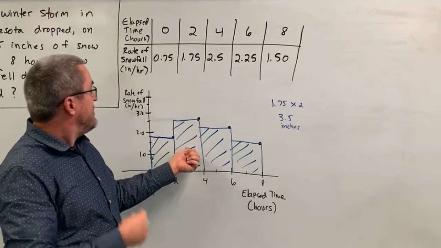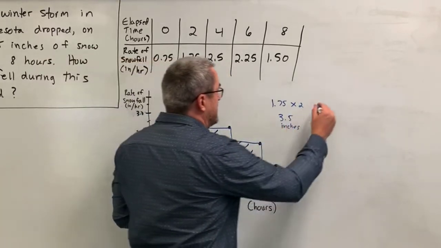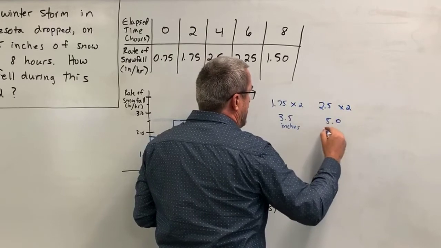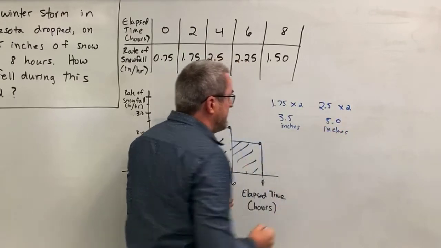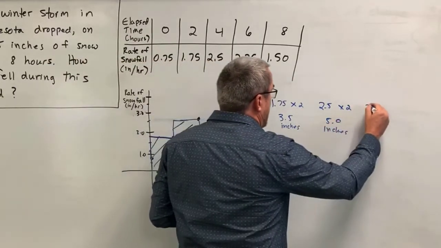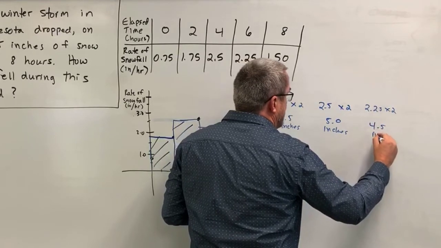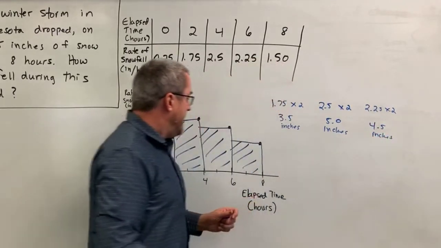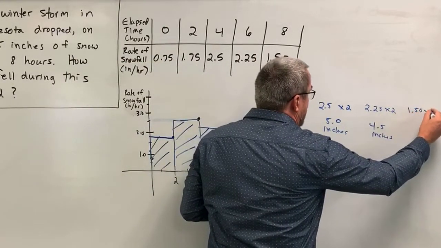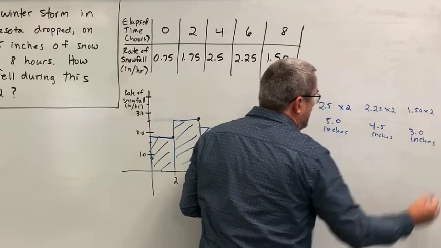In the next one, it was 2.5 inches per hour for 2 hours, giving a total of 5 inches of snowfall. For the next one, we use 2.25 inches per hour for 2 hours, which gives us 4.5 inches of snowfall. And for the last 2 hours, we use 1.5 inches per hour for 2 hours, which produces 3 inches of snowfall.